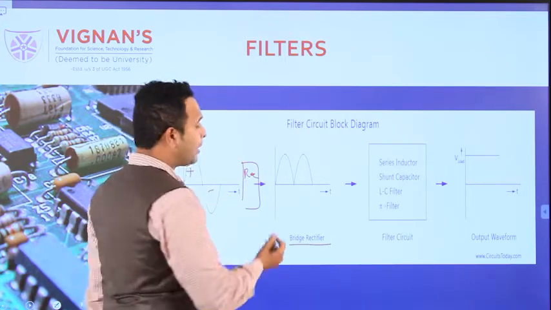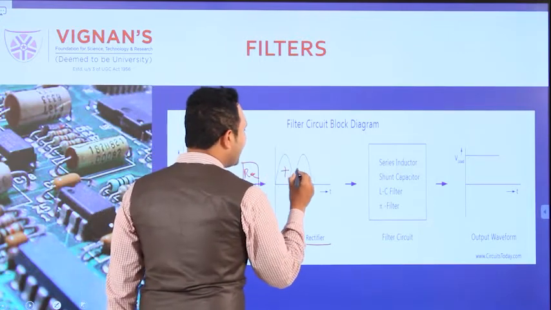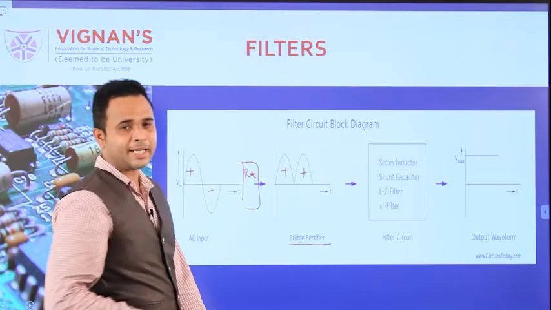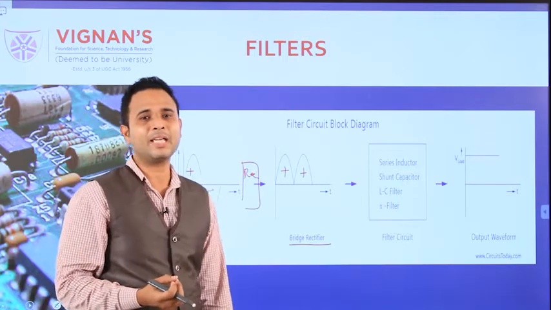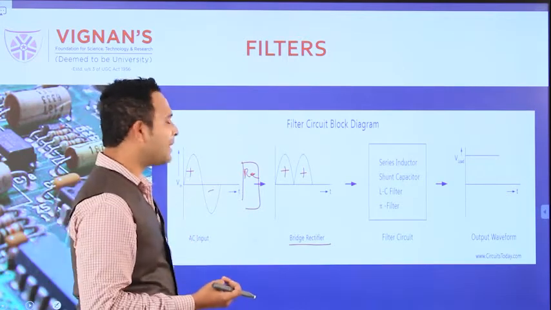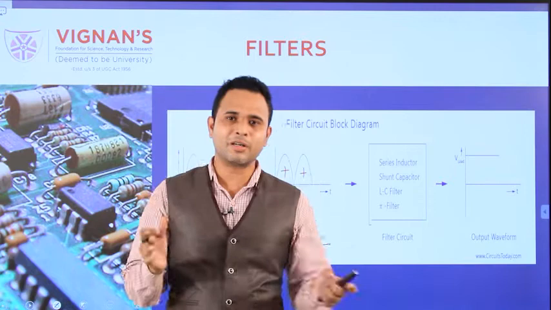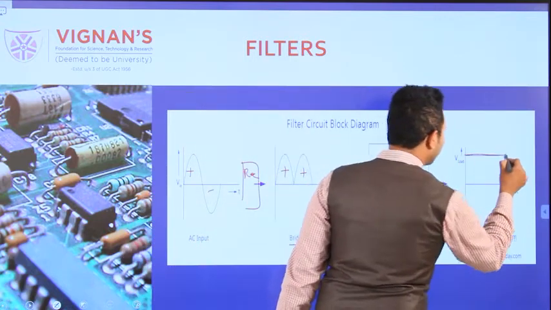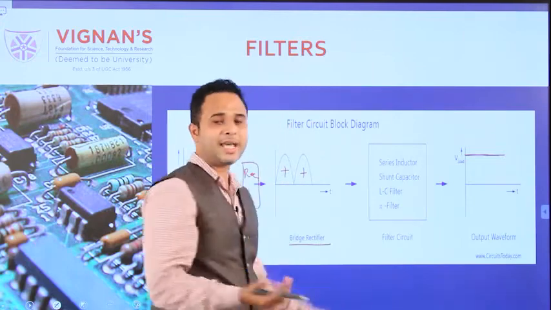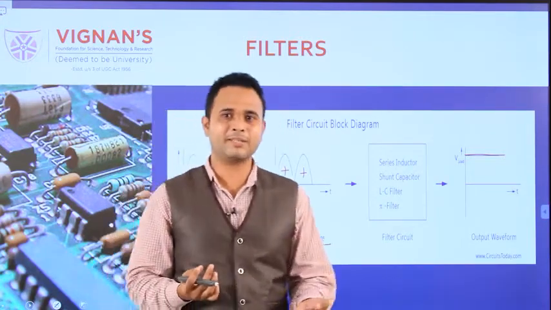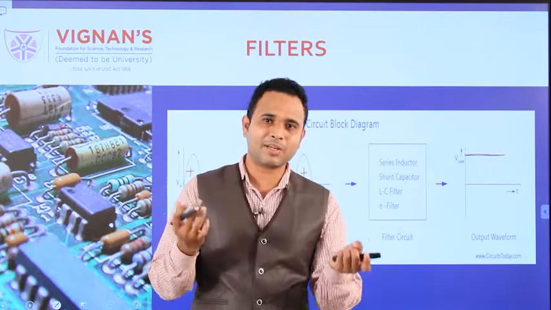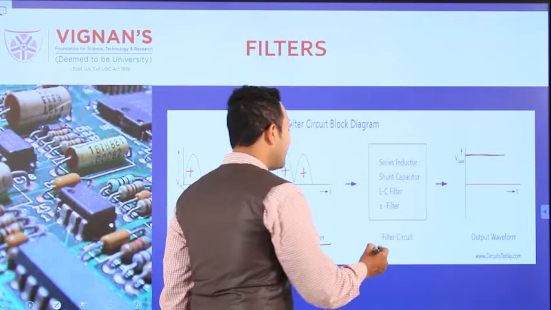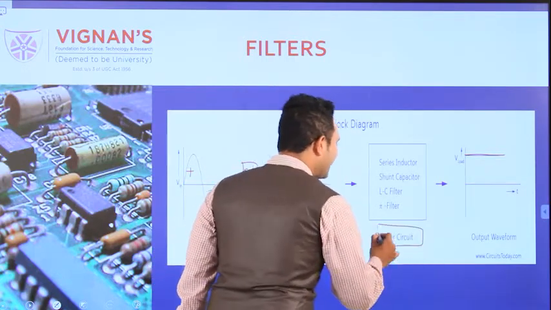The bridge rectifier output gives only positive pulses, but this is not a constant voltage. We require a constant voltage, so that's why we have another block in our RPS. Remember that the other block is the filter block. Today we are discussing the filter circuit.